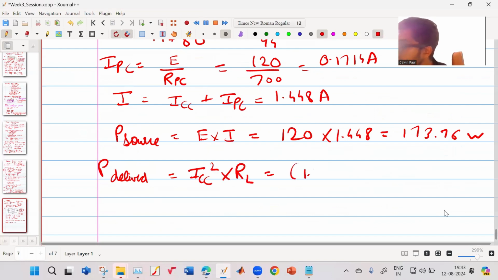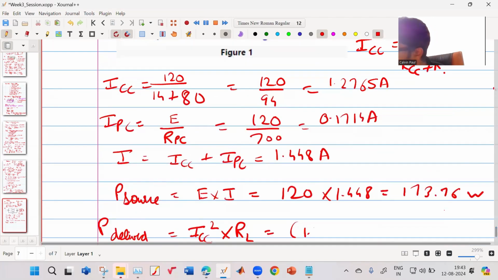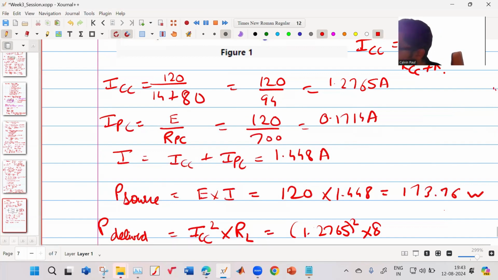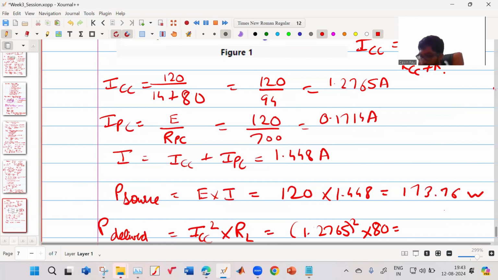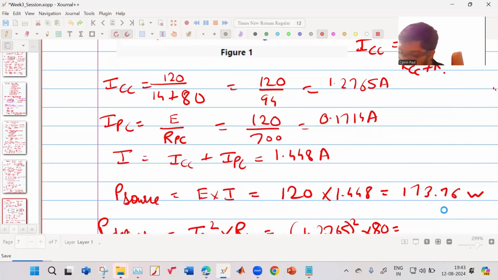ICC is 1.2765, square, into RL, which is 80 ohm. So how much is it? 130.35 watt.